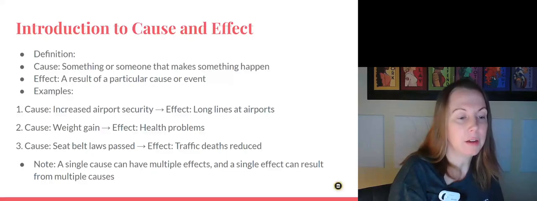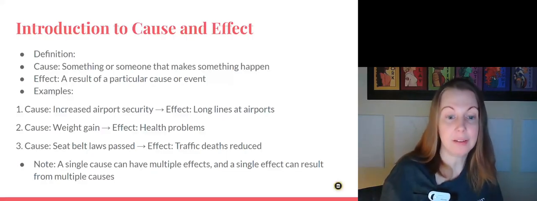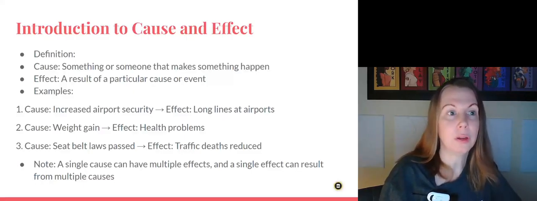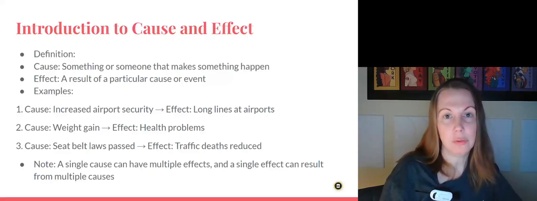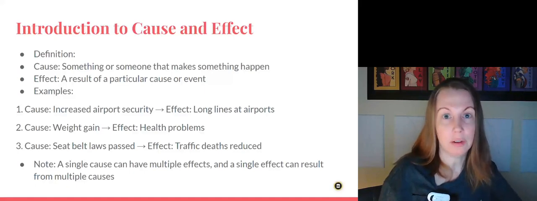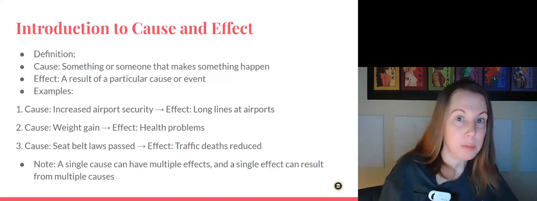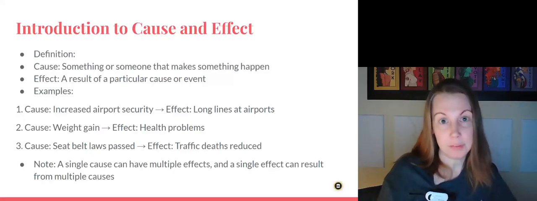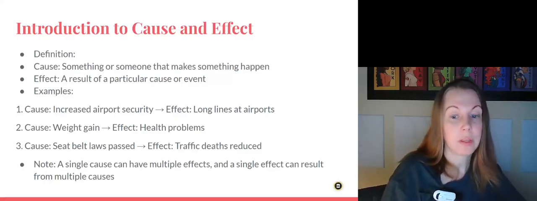Another example: the cause is seatbelt laws, and the effect is traffic deaths are reduced. That goes into some recent car laws, where more attention is being drawn to increasing safety for children in cars, and the effect would be decreasing the number of deaths of children in car accidents.